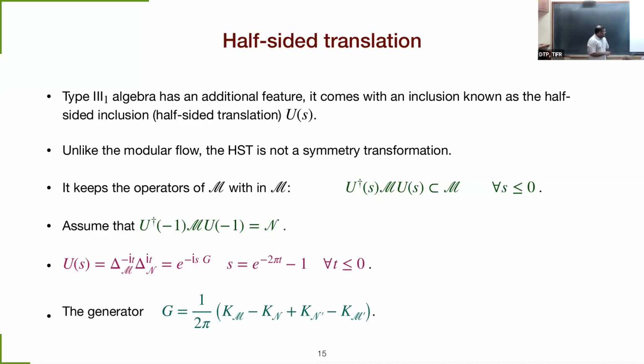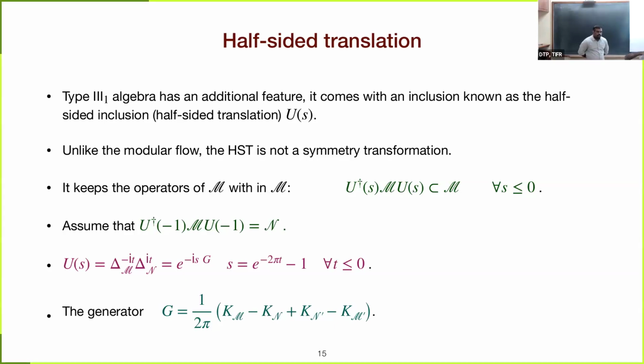Now, the point is that the generator of the half-sided translation can be given an explicit expression, which is basically the modular Hamiltonian of M minus the modular Hamiltonian of N plus the modular Hamiltonian of the commutant of N, then minus the modular Hamiltonian of the commutant of M. So just to understand, the statement is given N. Yes, if there exists a suitable N, that is the statement.